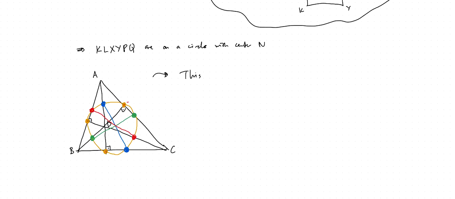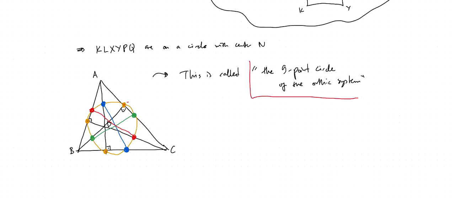This circle is called the 9-point circle because of this figure, the 9-point circle of the orthic system. So the subject that I wanted to tell you is this 9-point circle. And this is why it is called N, since this is the center.